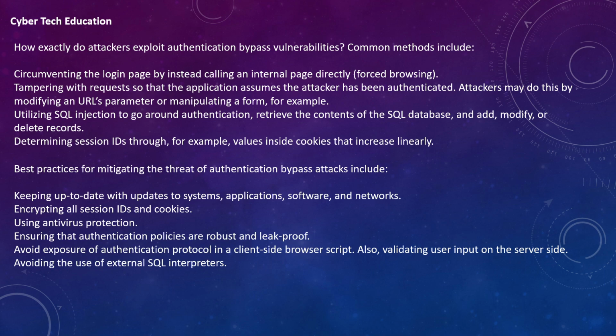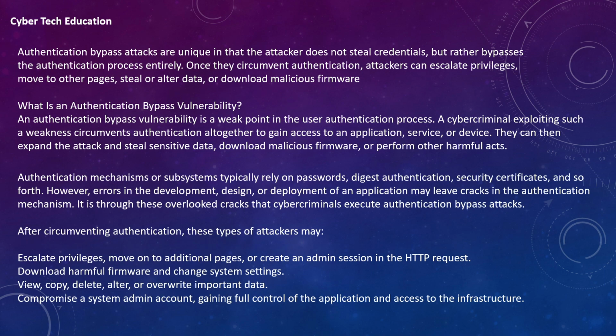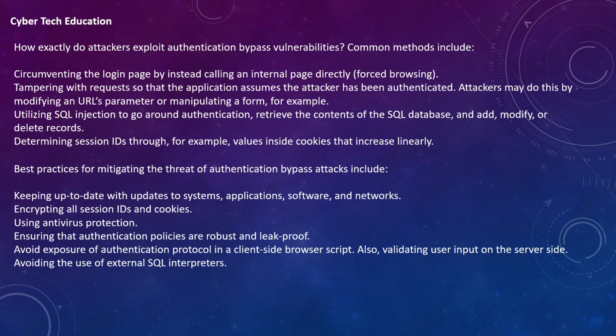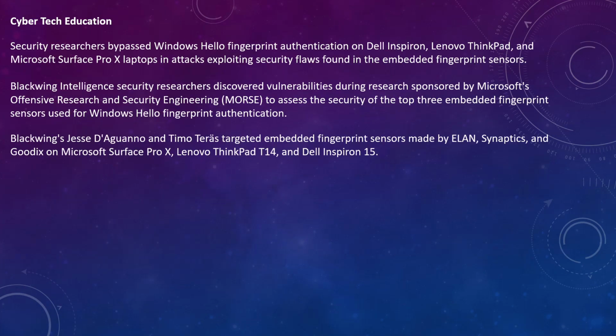Then ensure the authentication policies are robust and leak-proof, avoid exploiting authentication protocols in client-side browser scripts, validate user inputs on the server side, and avoid the use of external SQL interpreters. These are the different practices we can follow to mitigate these kinds of cyber attacks.